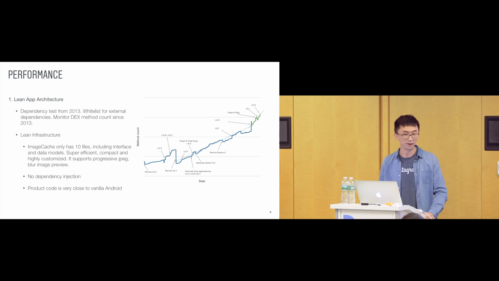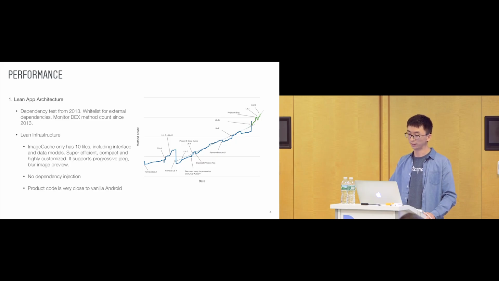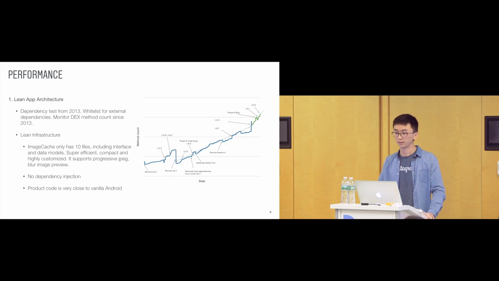For instance, the graph I show here is from a recent exercise we did with our method count dashboard, where we annotated all the libraries added to the app and all the libraries that we successfully removed from the app. From there, we analyzed what the trajectory looks like and what mitigation strategy we should use. It's better if you do this exercise before your app actually passes the threshold.